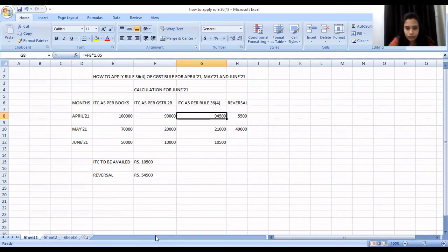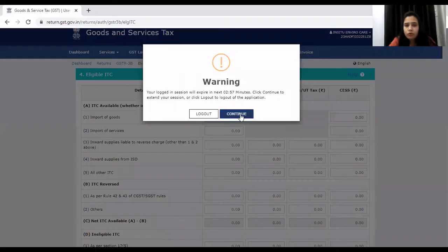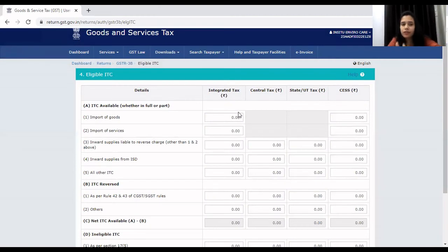Now we should see how to put these figure in GSTR 3B. So when you log into GST site and open GSTR 3B, there is one column eligible ITC where we put the figures of ITC claimed, reversal or ineligible. So the first column says about the ITC available.